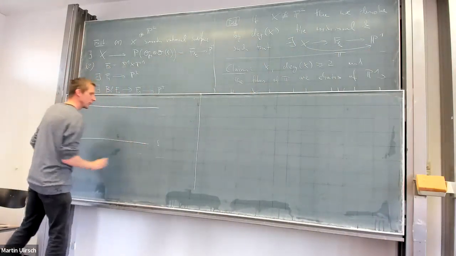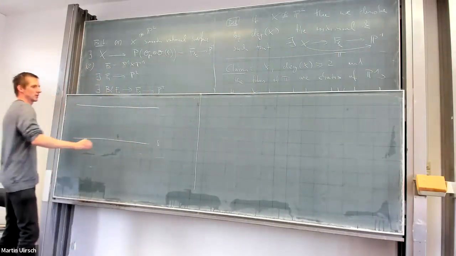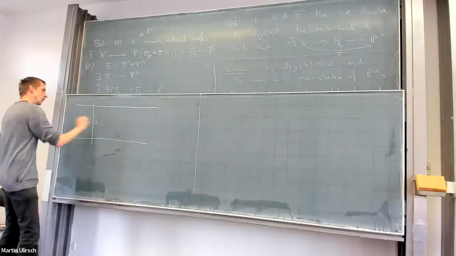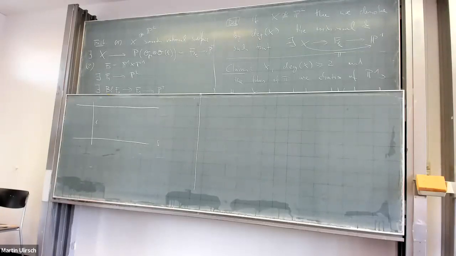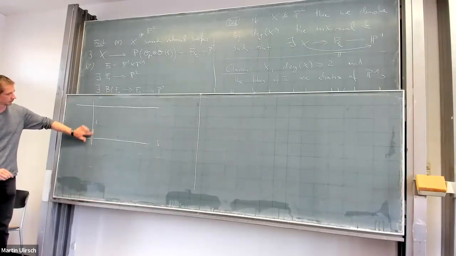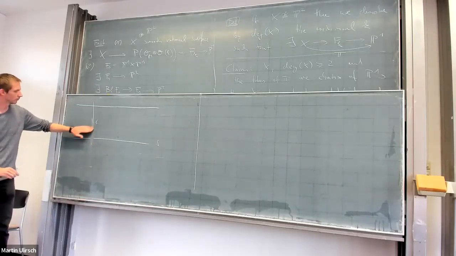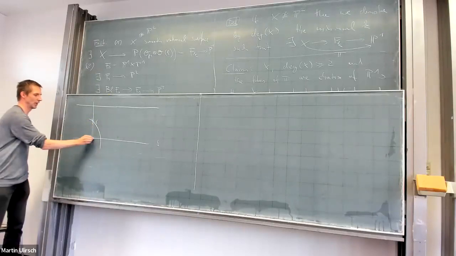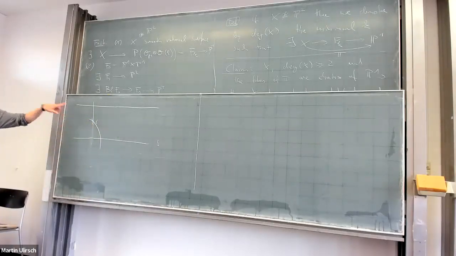Our whole picture. So this is S. We have a fiber. Okay, and then we do a blow up at this point. Okay, up to here everything is still nice. So we get a chain.